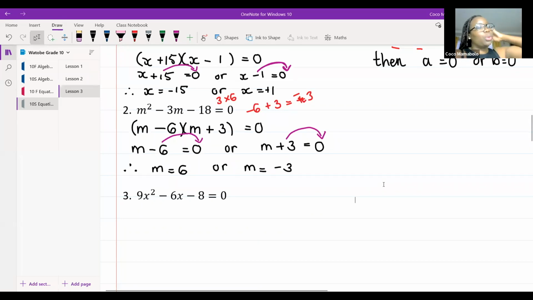All right, for those of you who are comfortable with this question, I want you to try number 3. Take note of the fact that my coefficient in front of x squared is not 1, it's 9. For those of you who've been with us, remember the cross method or grouping method, whichever one works for you.